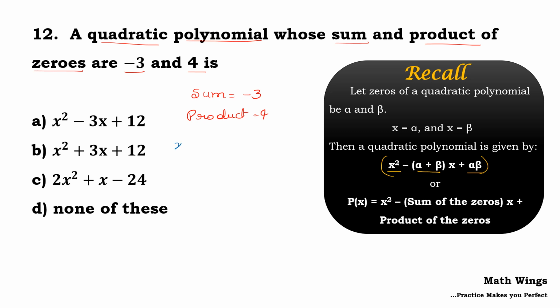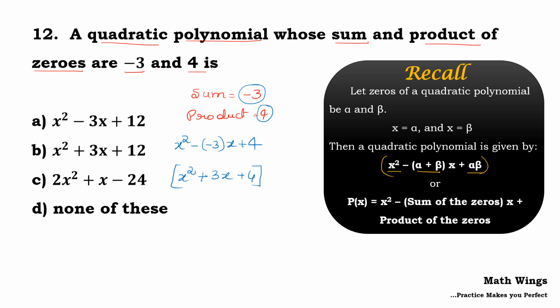So we have x square minus alpha plus beta, that is sum of zeros, which is minus 3 here, into x plus alpha beta, that is the product of zeros, which is equal to 4. When we simplify this, I will get x square, minus into minus is plus 3x plus 4. Therefore, the answer is x square plus 3x plus 4.